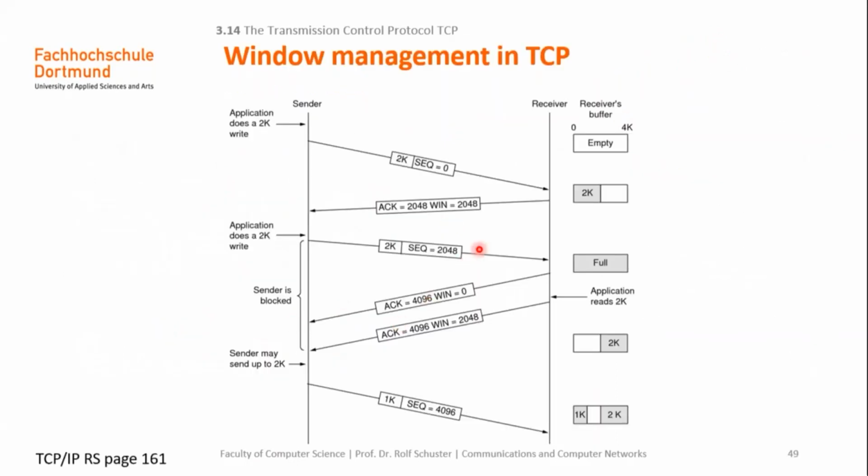Then this is another example. For instance, the receiver buffer is empty. The transmitter sends a packet of 2 kbytes. This segment arrives, is stored in the buffer, and an acknowledgement is sent.